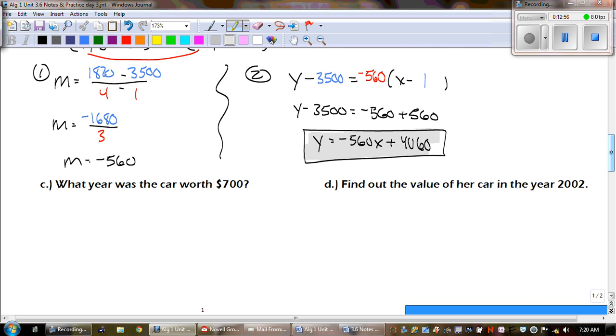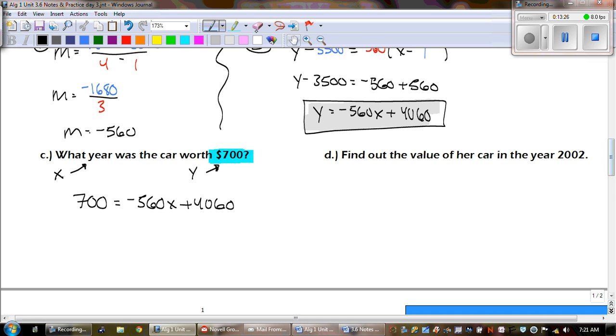All right, so what year was the car worth $700? So right here, they're telling us something, that this is what the car is worth. That is our y. What year? That's our x. We don't know what the x is. So for this one, when we plug in, I know the 700. And now we're going to solve for x. Okay? So to solve for x, the first thing that we have to do is subtract the 4,600.